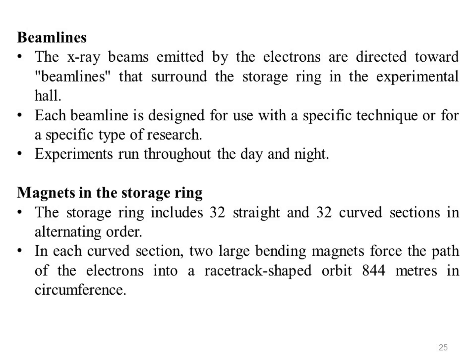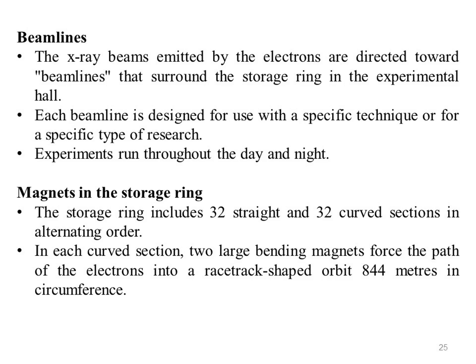And now, magnets in the storage ring. The storage ring includes 32 straight and 32 curved sections in alternating order. In each curved section, two large bending magnets force the path of the electrons into a racetrack-shaped orbit 844 meters in circumference.